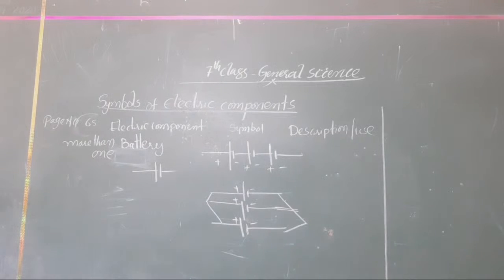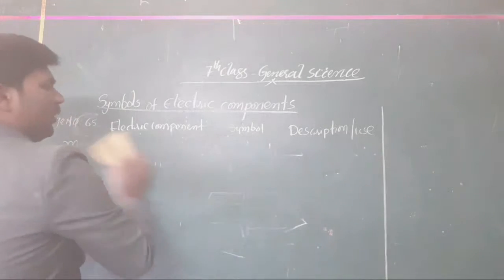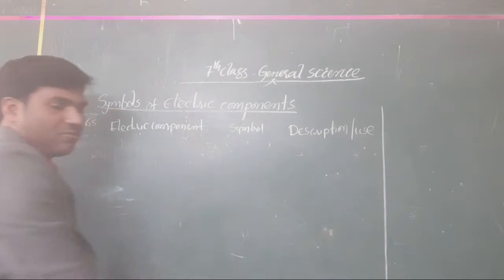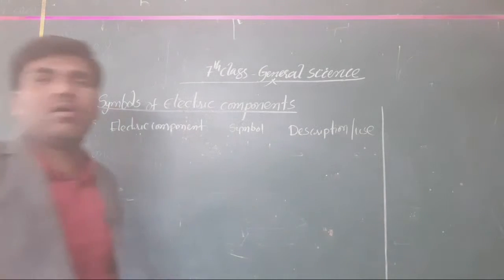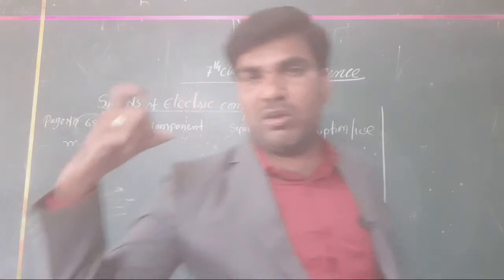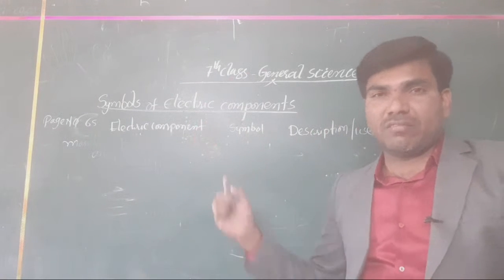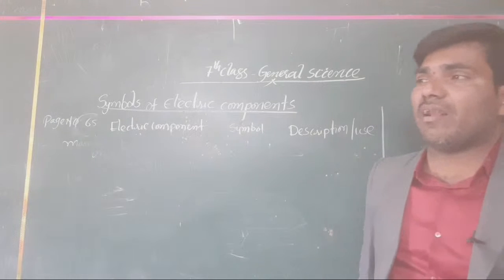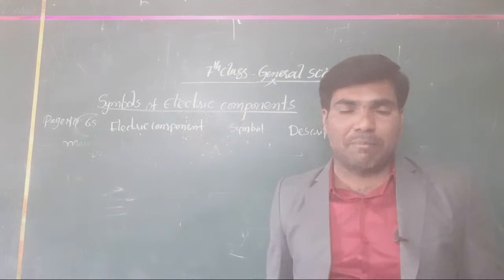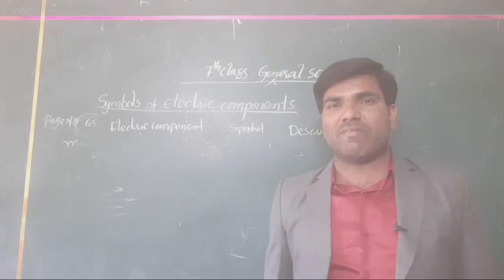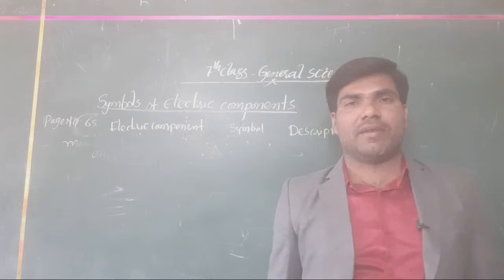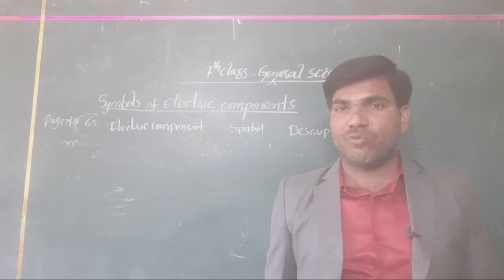Okay, this is about the different symbols we use. You know very well the fuse. Why do we take a fuse here? In case more current than wanted comes, unwanted current may sometimes pass through the circuit, and the electrical appliances may undergo damage. For protection from this, what do we use? We use fuses.